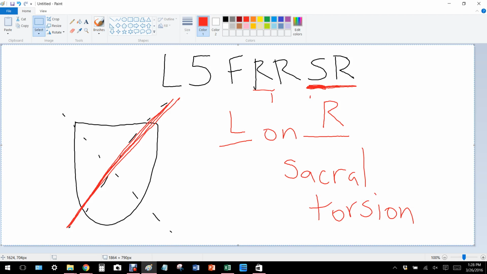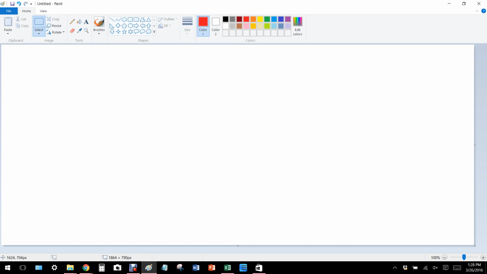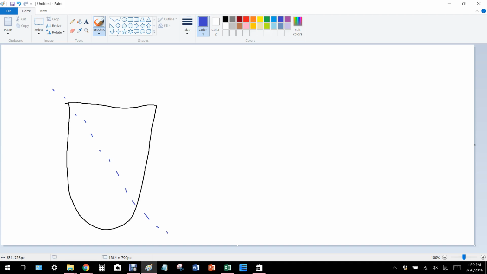Let's do this the other way around. Let's go ahead and give a diagnosis for the sacrum and then find out what the L5 findings are. So here's a sacrum, and we're going to say that it's going to have a left axis, and it's going to be rotated left.